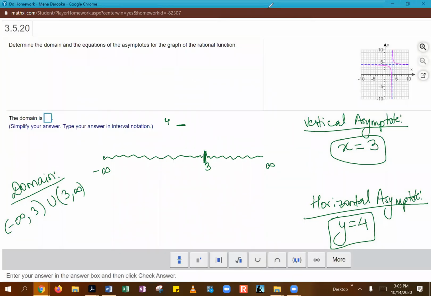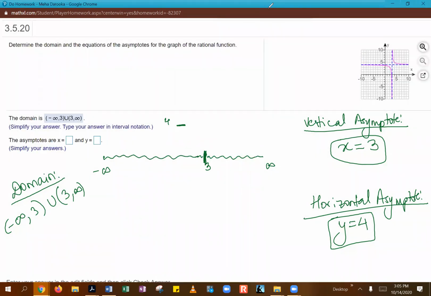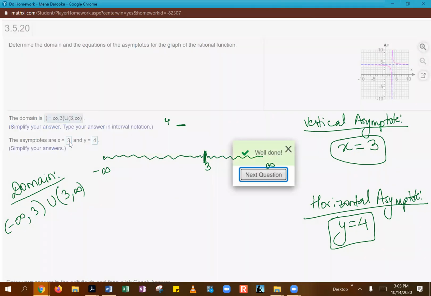So domain, of course, is going from negative infinity to 3, not including that, and then union from 3 to infinity. So you will see when your asymptote question pops up, they're saying the asymptotes are x equals and y equals. So x equals will be for the vertical, so that's 3. Y equals is for horizontal, so that's 4. And there you go.